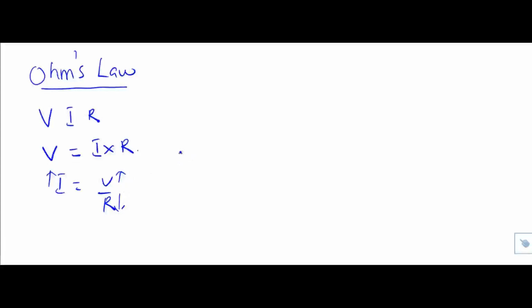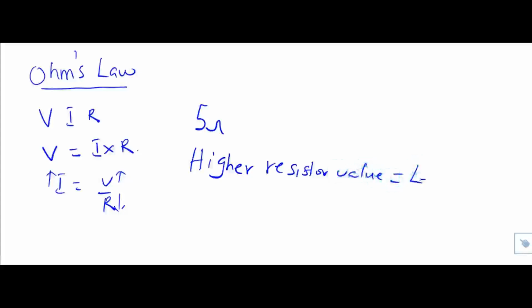So this is the reason why, when the resistor value of a particular resistor is high, less current passes through. So higher resistor value is equal to less current, and the lower resistor value is equal to more current.